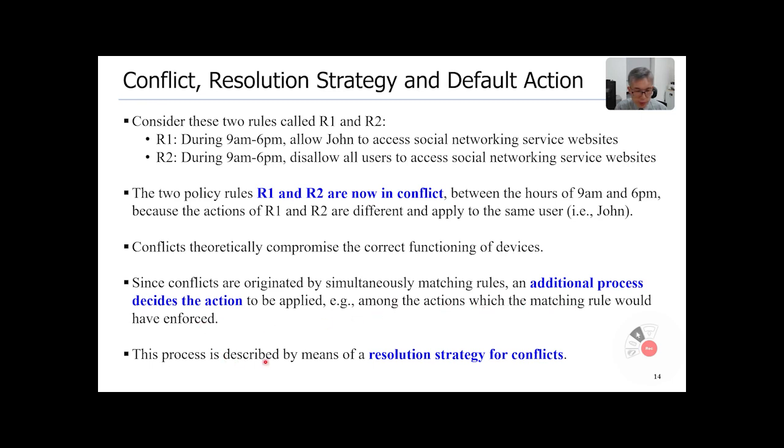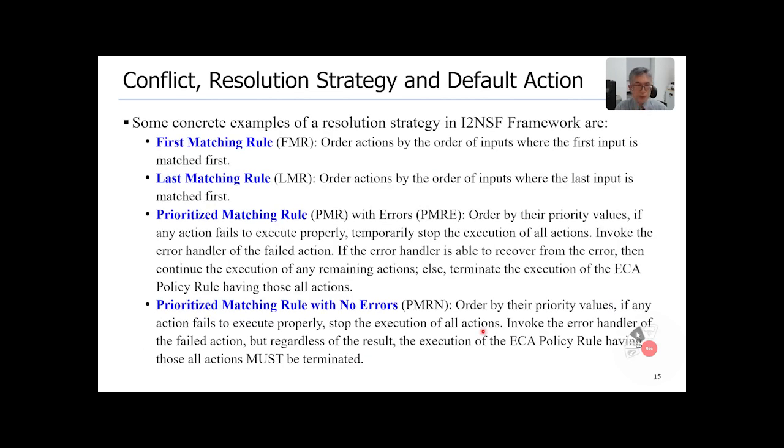This is called a resolution strategy for conflicts. We have several resolution strategies: first matching rule, last matching rule, prioritize the matching rule with errors, and prioritize the matching rule with no error. According to this kind of rule we can handle conflicts.